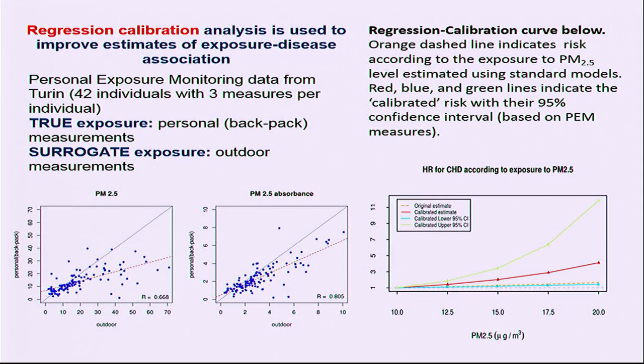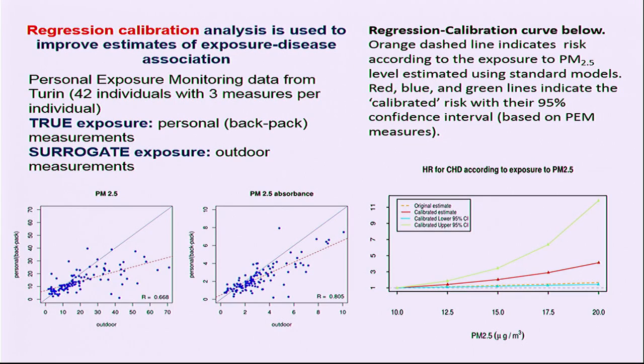So there is a whole branch of the exposome field which aims at developing new tools like sensors for personal exposure monitoring. And the conundrum there is that you cannot apply these sensors, which tend to be expensive, to large populations, to whole cohorts.